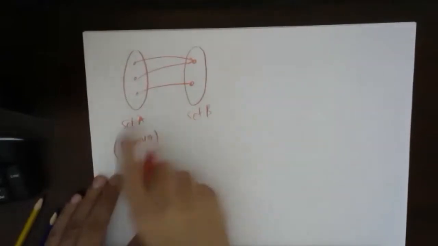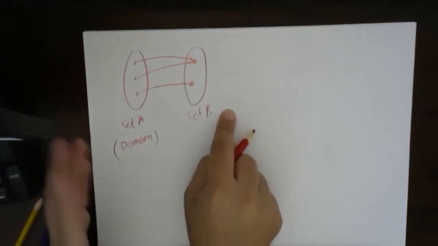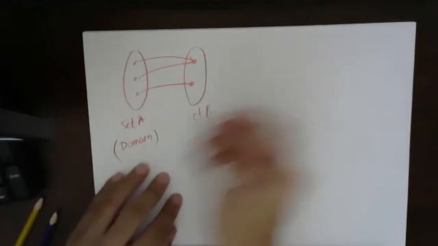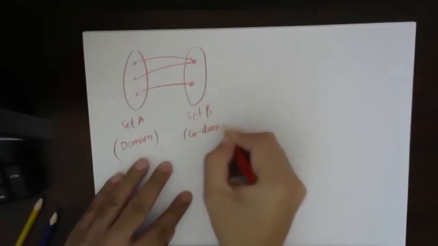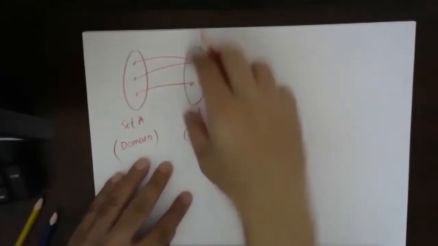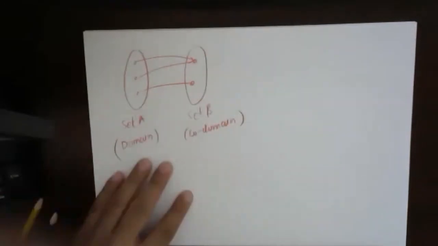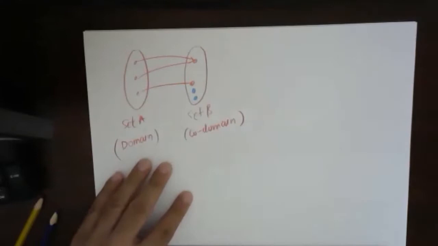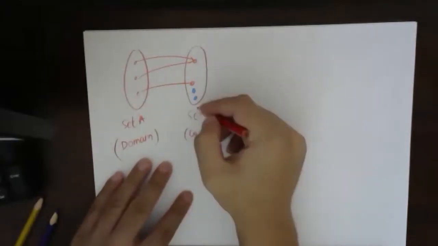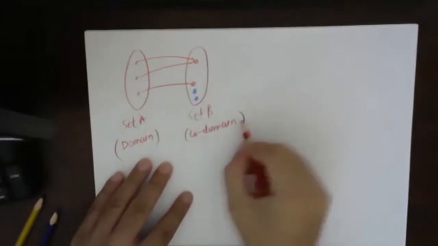And the set B, to which the mapping is happening, is known as the codomain. So codomain is a bigger set. Suppose we have some elements left out here, all these elements of B will be known as codomain.